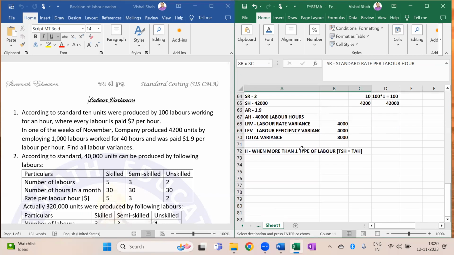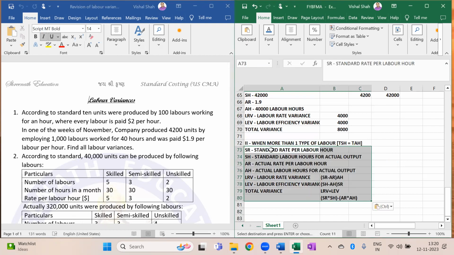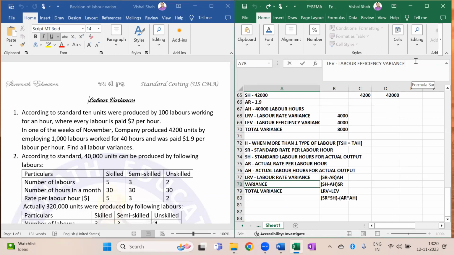It is exactly what you have done for material costing. Only that labor efficiency variance will also be called as LMV, that is labor mix variance. Whenever more than one category comes, there will always be one variance, and that is called as mix. So it is labor efficiency variance as well as labor mix variance. The formula is the same. Because we have done it in material, I'm not doing it right now. Same concept.